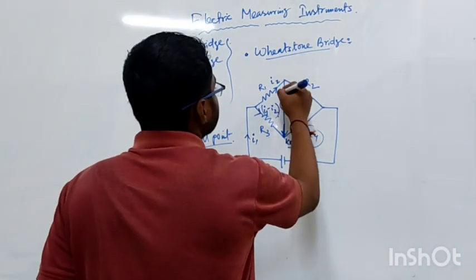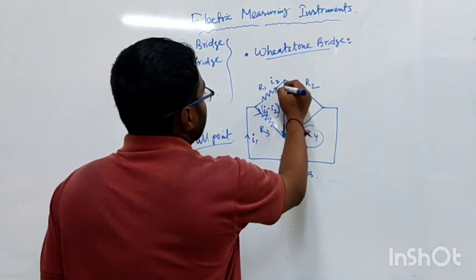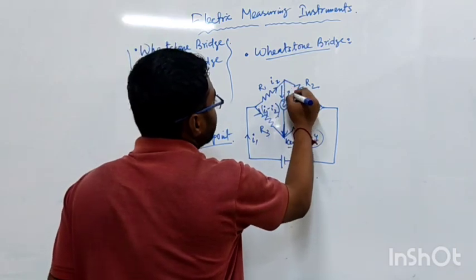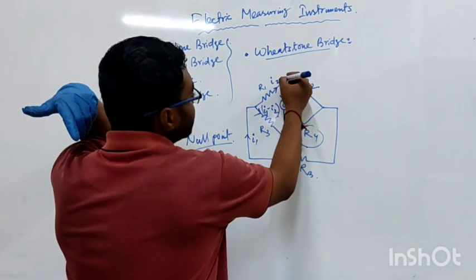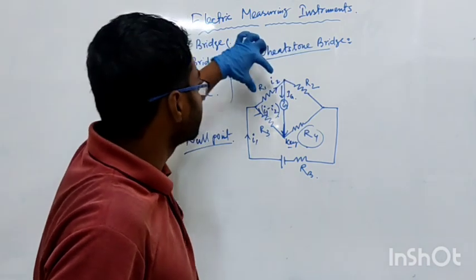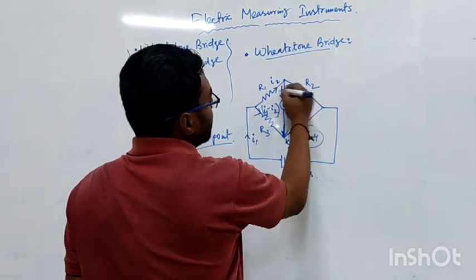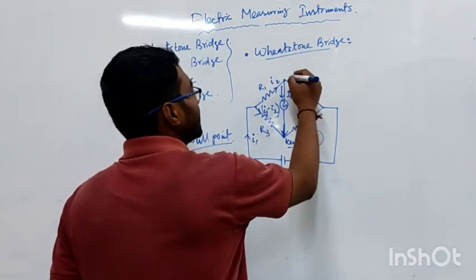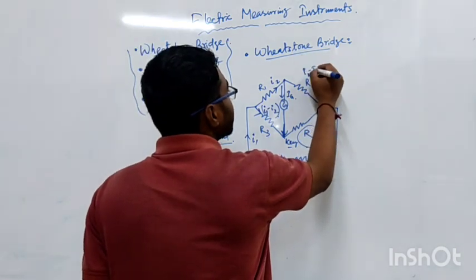If the galvanometer current is Ig, then at that point the current divides again into two parts: this path has current Ig, and the other path has current I2 minus Ig.